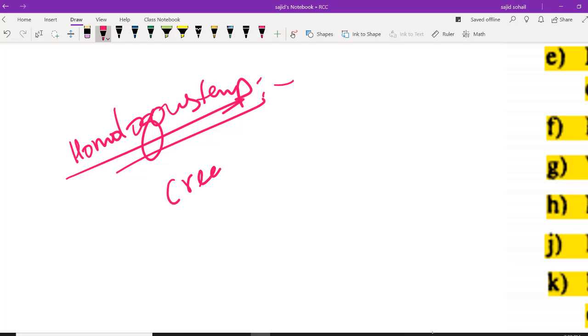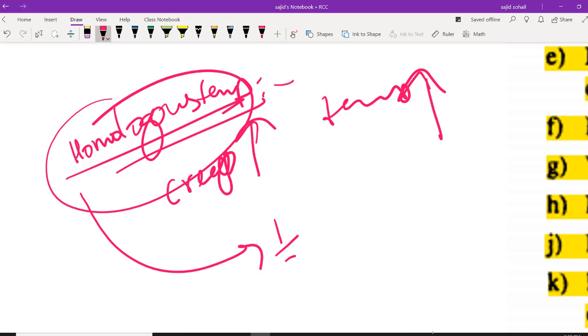So creep ka jo bhi hai, it is increasing with temperature increase, but there is a temperature at which creep becomes very very high. ये temperature को हम बुलाते हैं homologous temperature. Basically वो रहता है a fraction of your melting point. Please make a note: homologous temperature is a fraction of your melting point, and creep becomes very high if the temperature is raised to this homologous temperature.